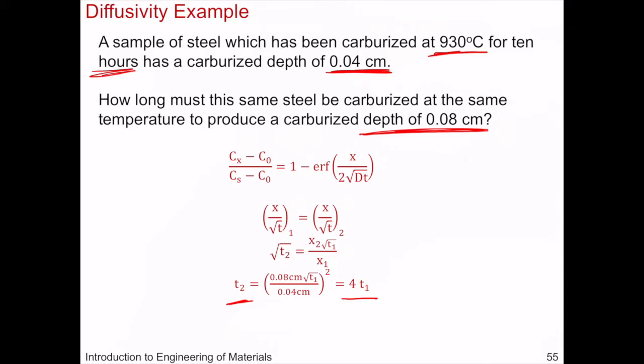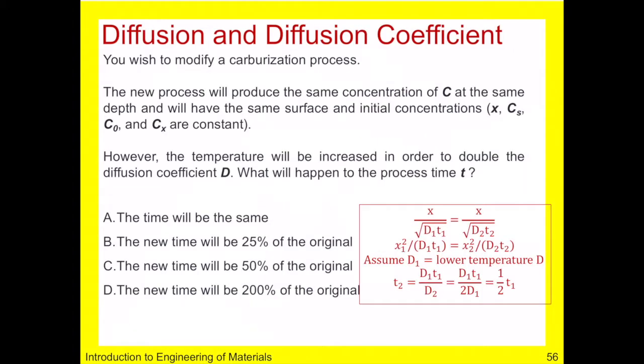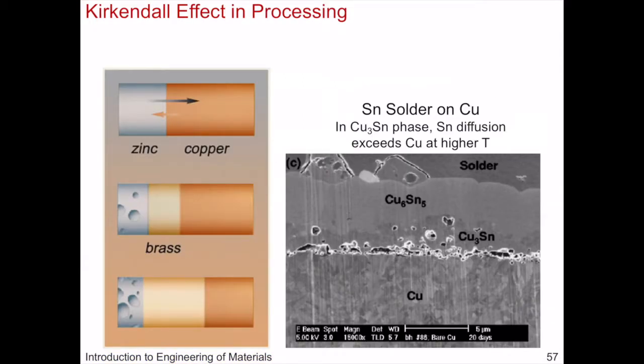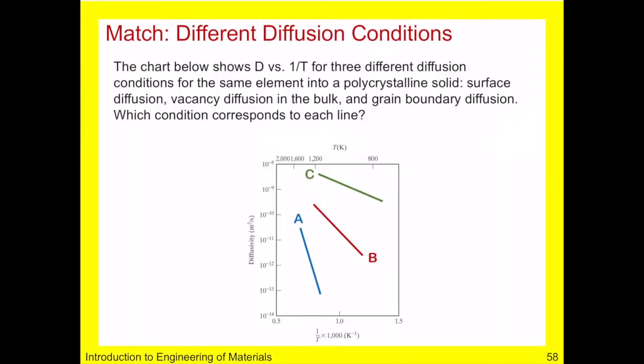So it's going to take 4 times as long to carburize to a distance of 2x more in this example. Okay. We won't discuss the Kirkendall effect in this recording, but we'll talk about it in the demo at the next lecture.